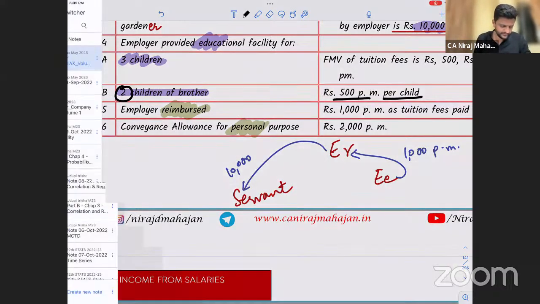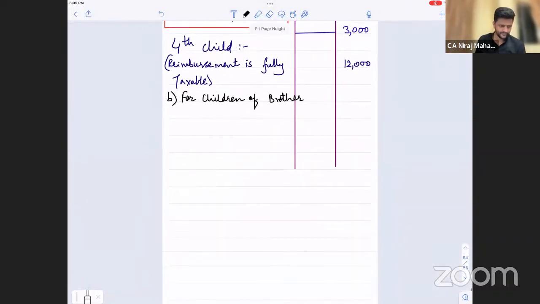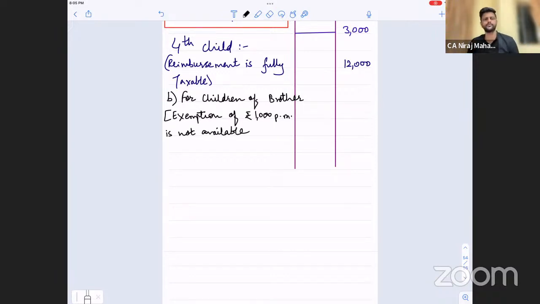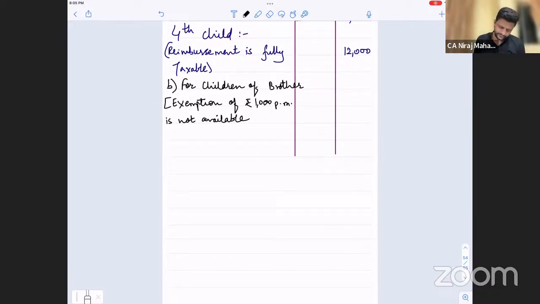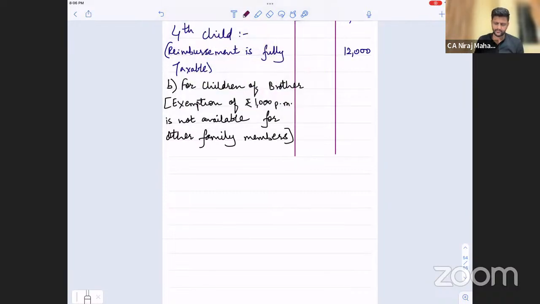Ready? Write down. Exemption of rupees 1000 per month is not available for other family members.